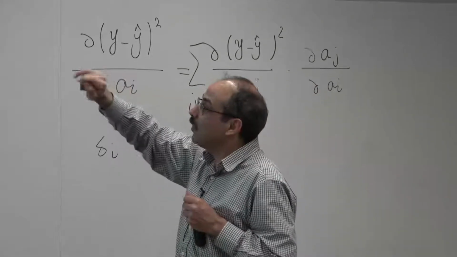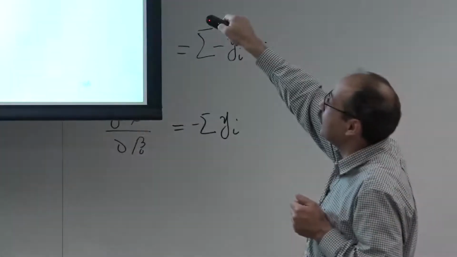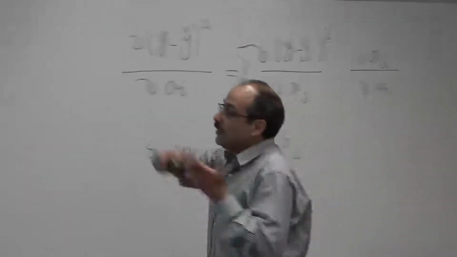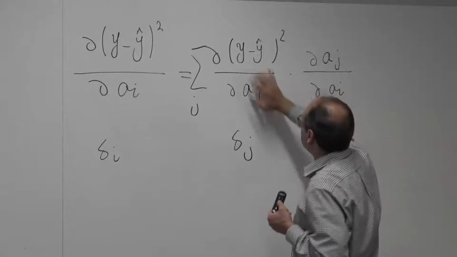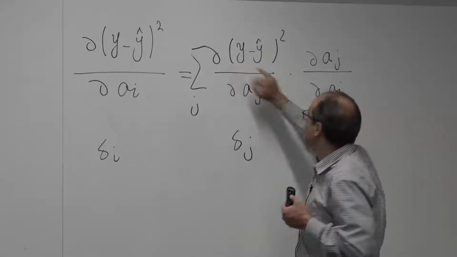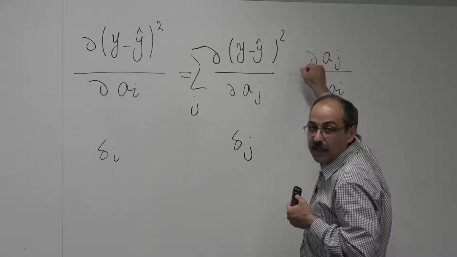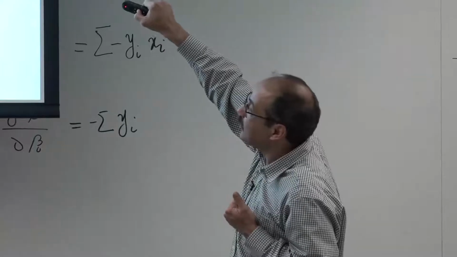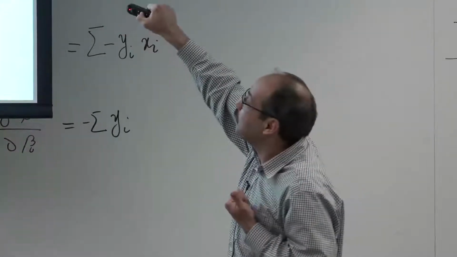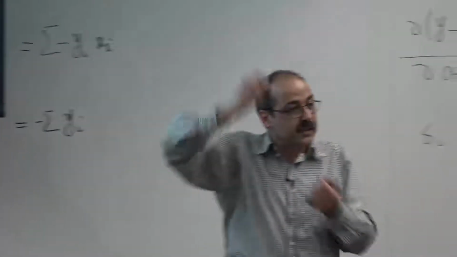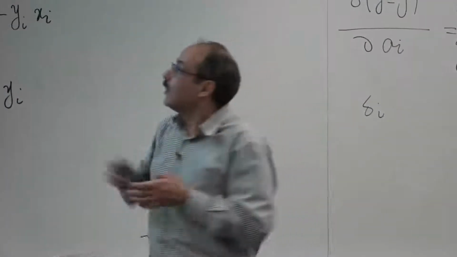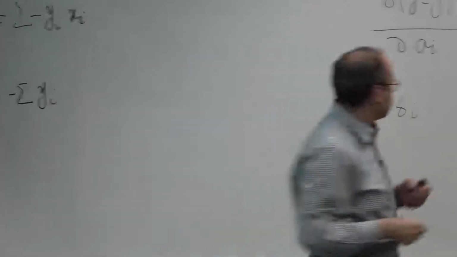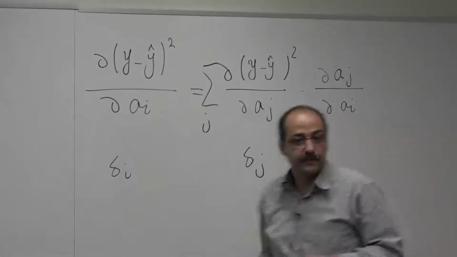And the chain rule tells me, okay, you want to know what's the effect of perturbing AI on this? I will tell you that it can be written as if you perturb AJ to see how AJ changed the cost function, and then you perturb AI and see how AI changed AJ. But there's many of them, you know. Any of these AJ, if I perturb them, they're going to change this, right? So it's a summation over all of them, not only one.